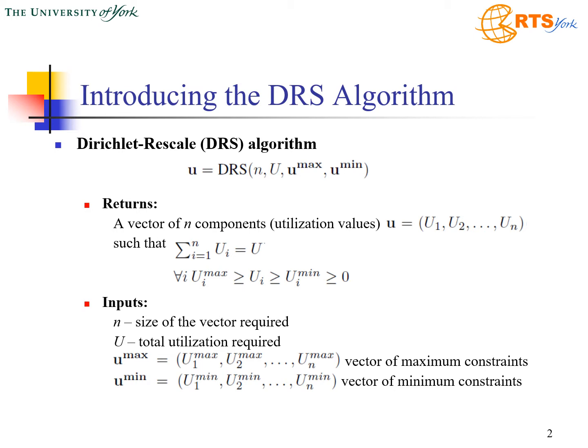Also, the individual component values are upper and lower bounded by individual maximum and minimum constraints. Thus, the inputs to the algorithm are n, the size of the vector required, u, the total utilization required, and optionally, two vectors specifying maximum and minimum constraints.